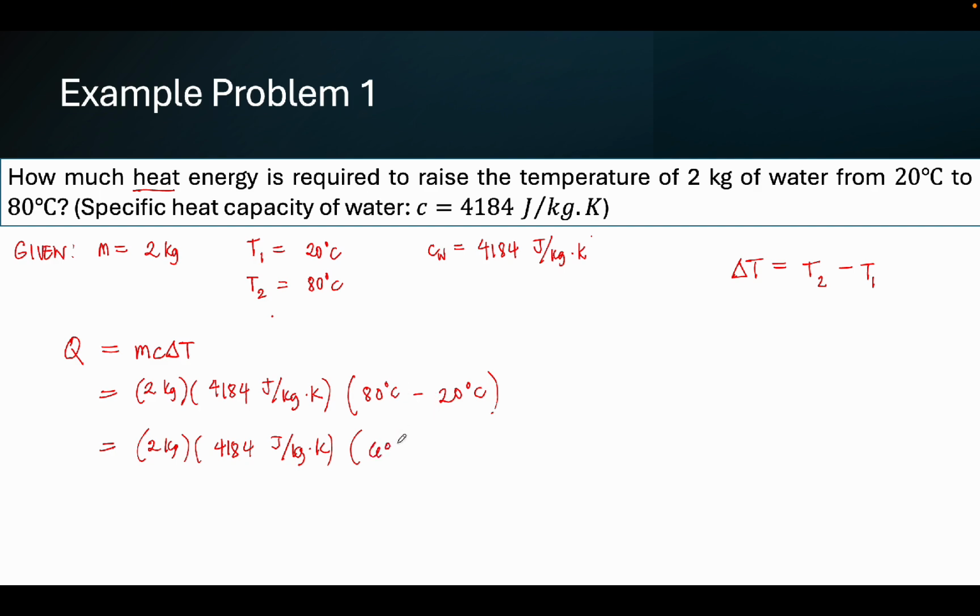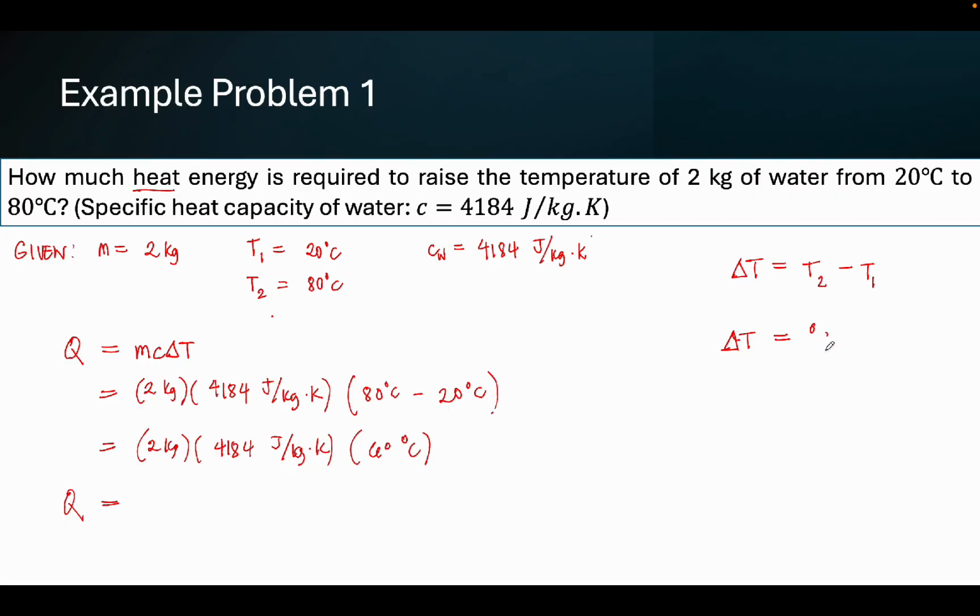degrees Celsius. So our Q, by the way, before we proceed, as for delta T, we have this conversion from degrees Celsius to Kelvin. Now, this is only for delta T. When we say degrees Celsius to Kelvin for temperature conversion, that is different. So, for delta T, again, delta T is in terms of degrees Celsius.